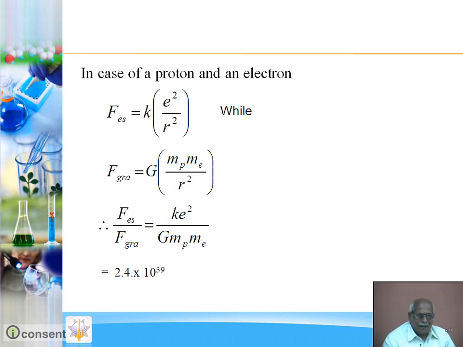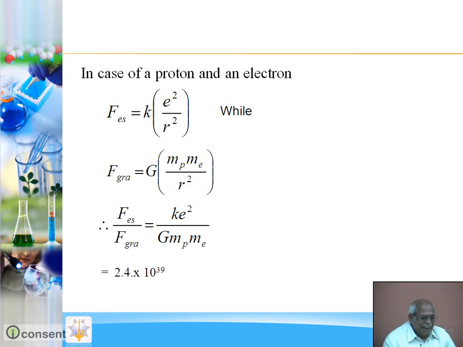Electronic charge e is 1.6 into 10 raised to minus 19 coulomb. Mass of proton, mass of electron you can find easily from any table of physical constants. After we put the values and work out the calculation, the ratio of electrostatic force to gravitational force between proton and electron comes out to be 2.4 into 10 raised to 39.